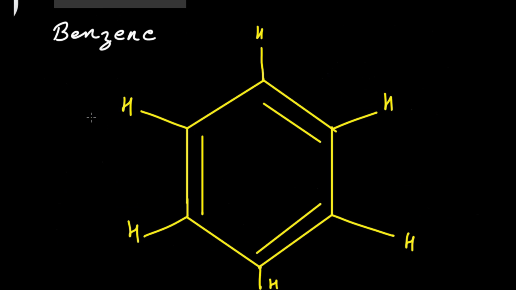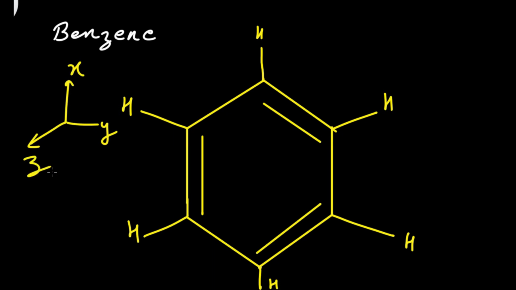This is the structure of benzene. As you can see from the structure itself, all the atoms are in one plane. If you make axes, this is the x-axis, y-axis, and the z-axis is above and below the screen, right? So you will find that on the x and y-axis you can make the whole molecule like this. There is no need of the z-axis, which means this molecule benzene is planar.